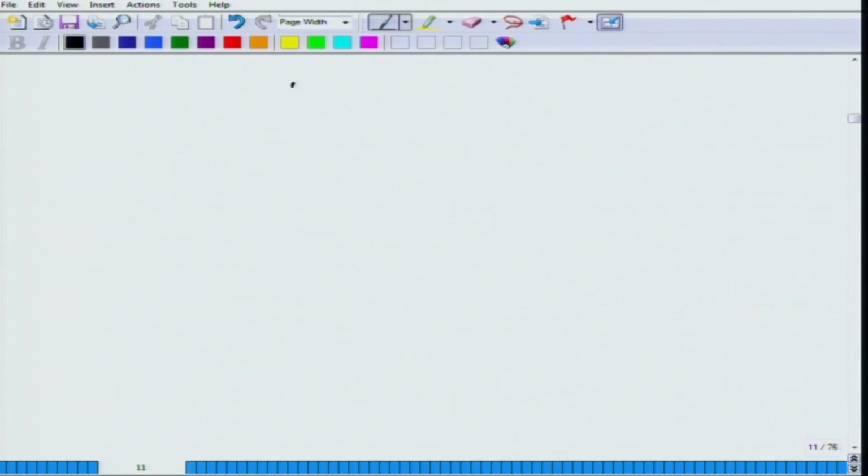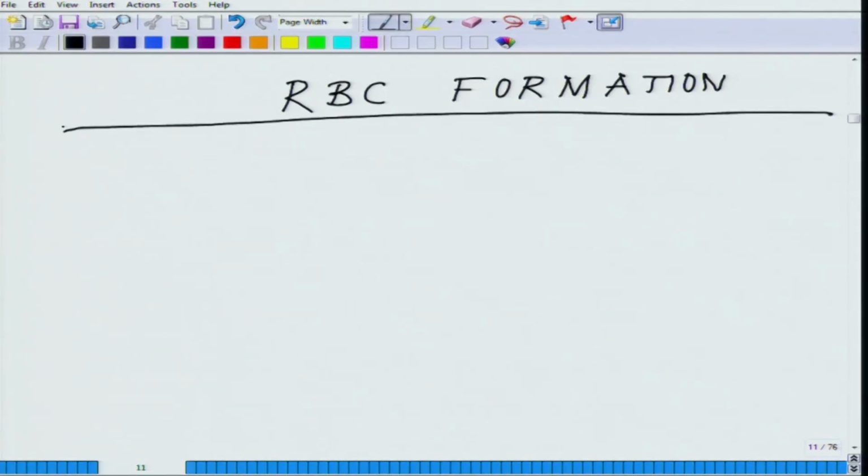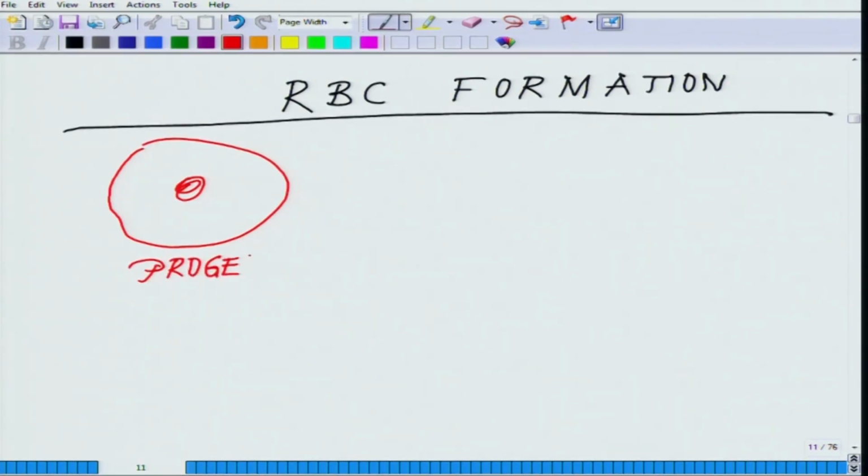RBC, red blood cell formation. The first step: these are the progenitor cells, the ones which will form red blood cells for RBC formation.